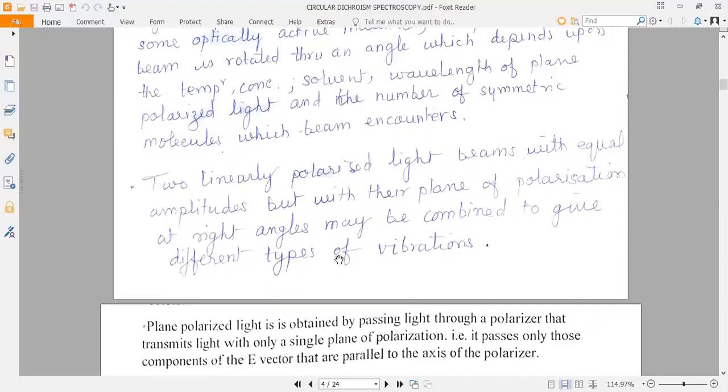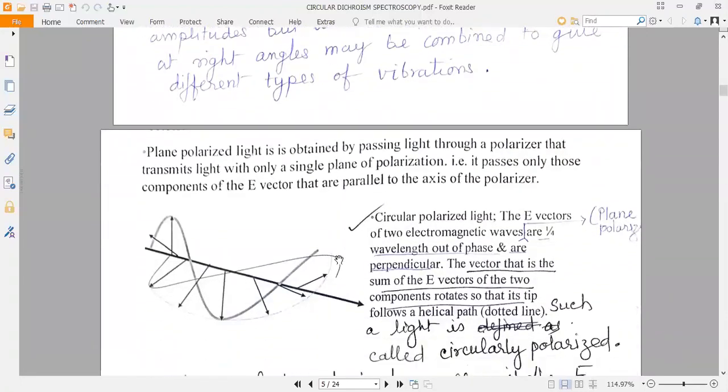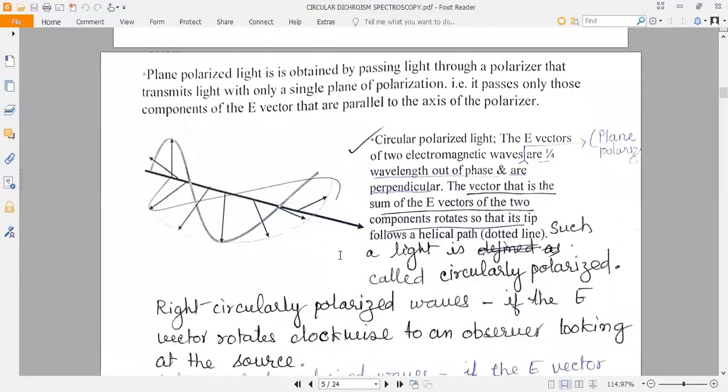Now we have studied this part. Now, what is circular polarized light?